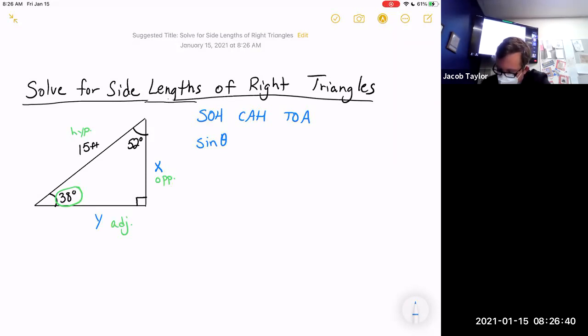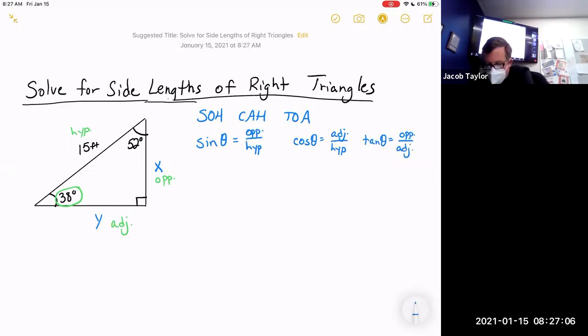So sine of an angle, if you don't like theta, you can just use x, that's fine. So sine is opposite over hypotenuse. Cosine of an angle is adjacent over hypotenuse. And tangent of an angle is opposite over adjacent.